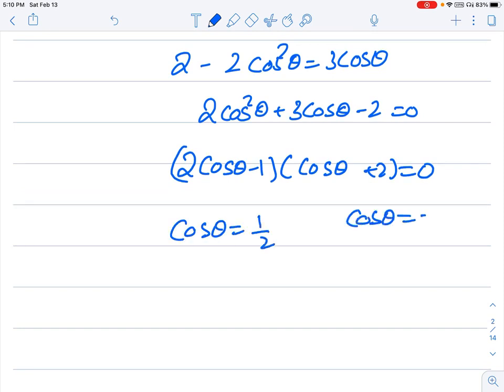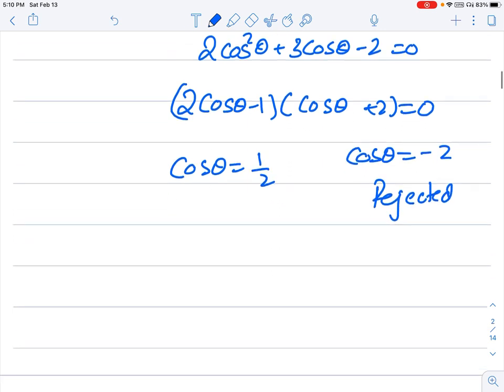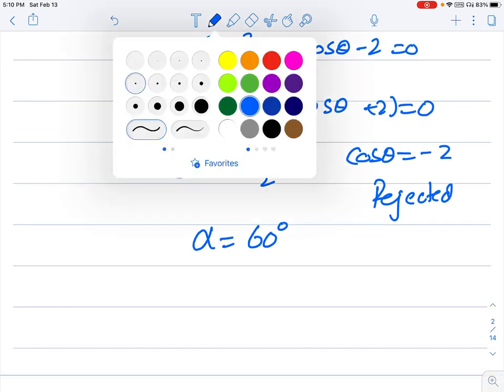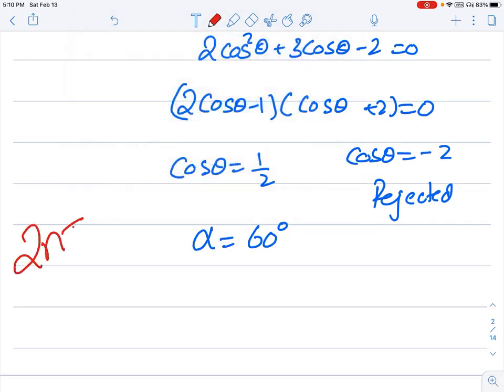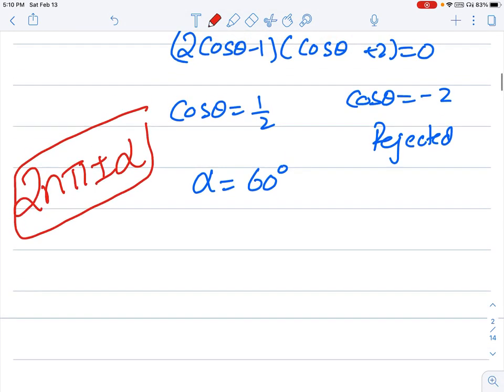Cos theta equal to negative 2. So this is rejected. I am left only with cos theta equal to 1 upon 2. So alpha is equal to 60 degrees. For cos, we remember, we have done many papers, the general solution is 2n pi plus or minus alpha. So theta is equal to 2n pi plus or minus 60 degrees.